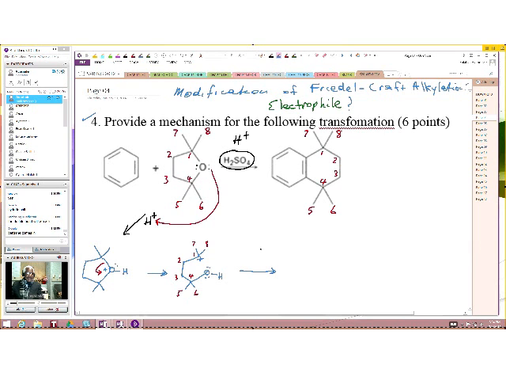Now, the pi electron in benzene now comes in, because this is going to act as an electrophile. Keep in mind that we have hydrogen here to start with.